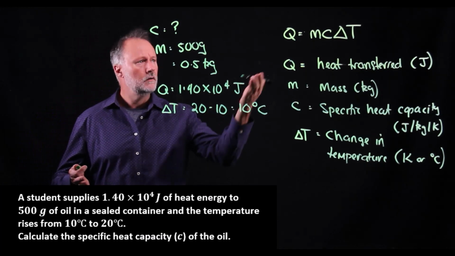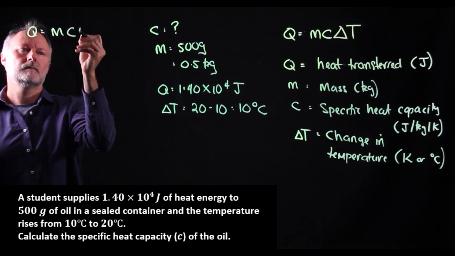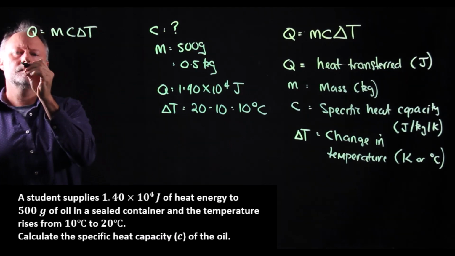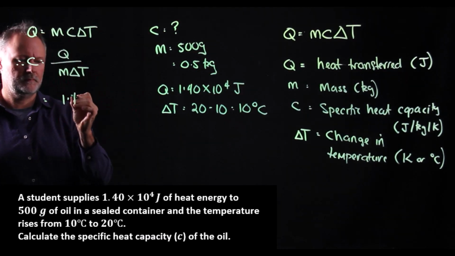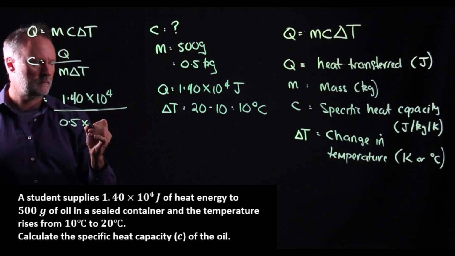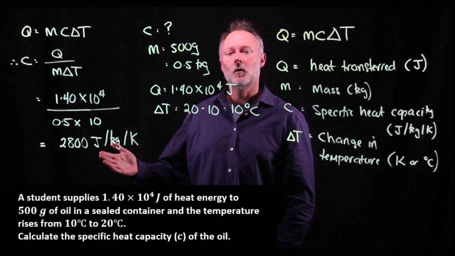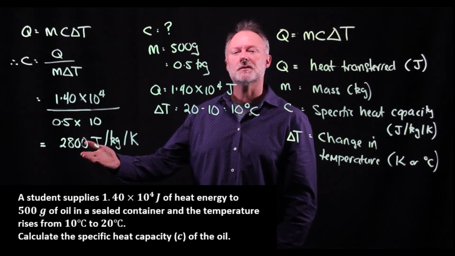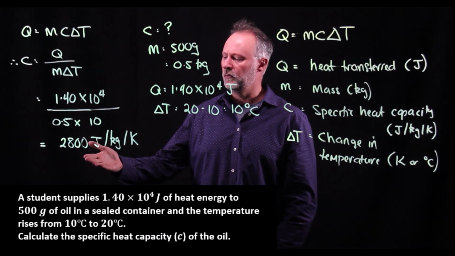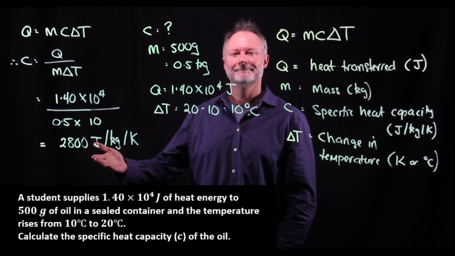Let's look at our starting equation, making C the subject. So our oil has a specific heat capacity of 2,800 joules per kilogram per Kelvin.